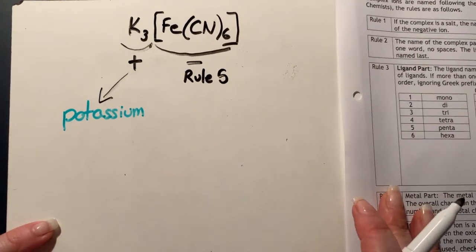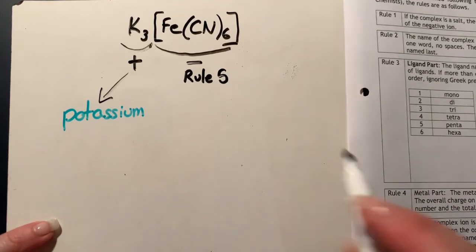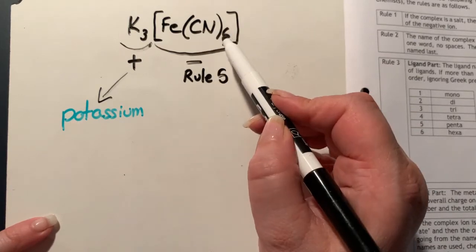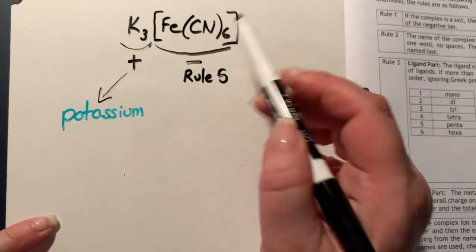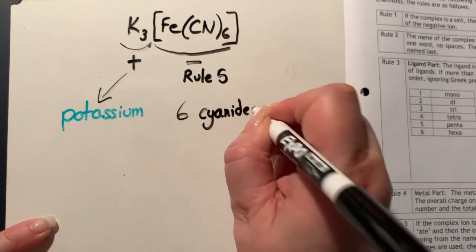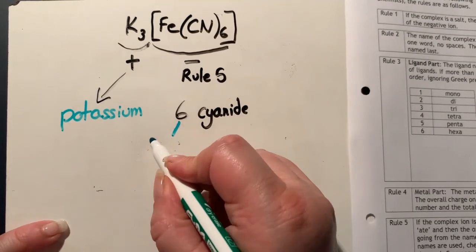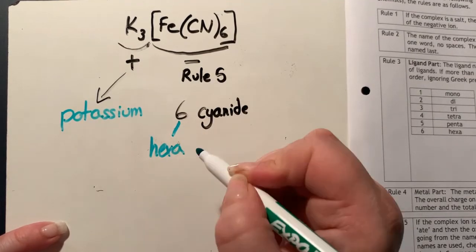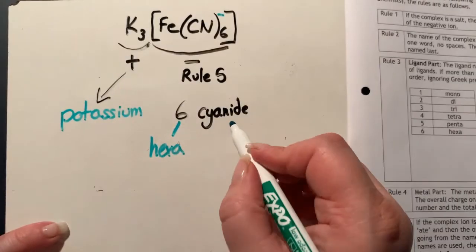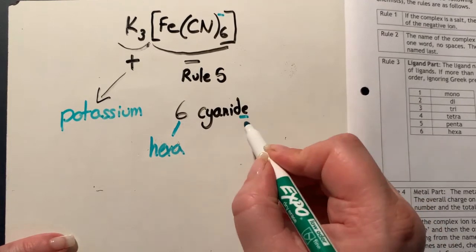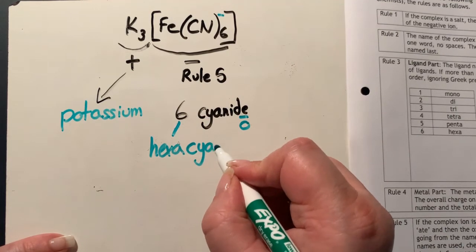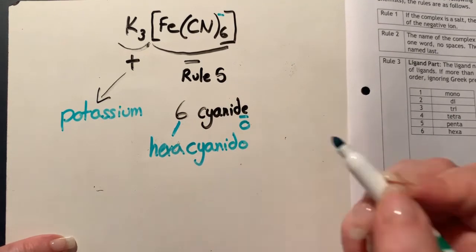So naming this complex, we've got 2 parts to the complex. If we have a look at the ligands, we have cyanide ligands, and we've got 6 cyanide ligands. The 6 will become hexa, and because cyanide is negative, this E is going to convert into an O, so this becomes hexacyanido.